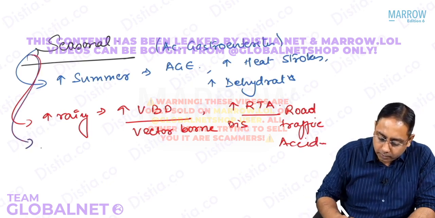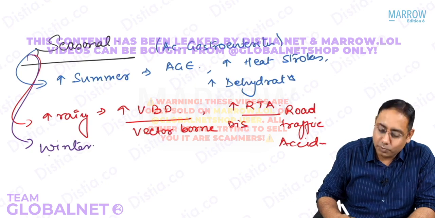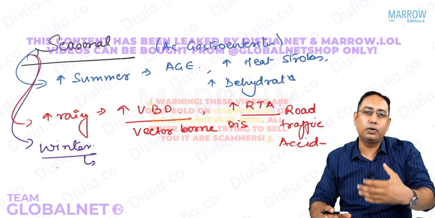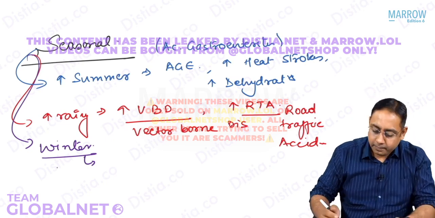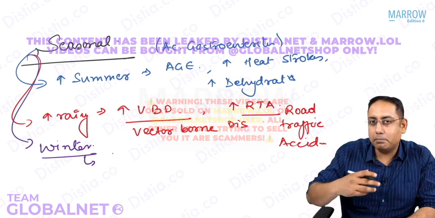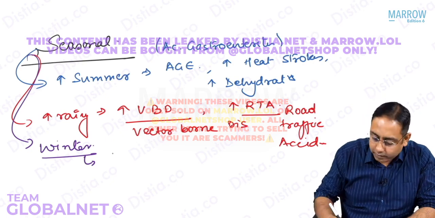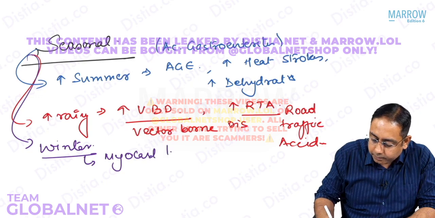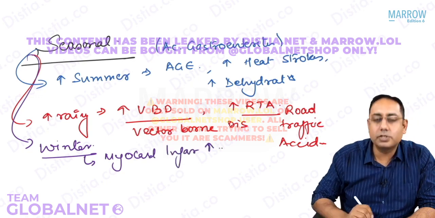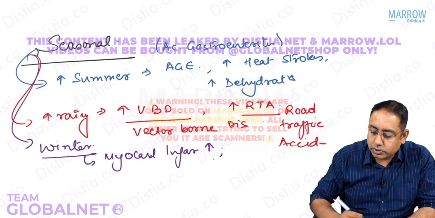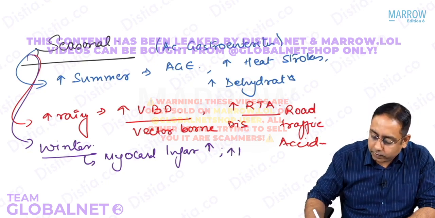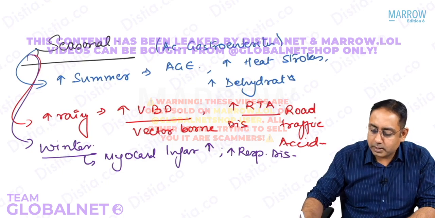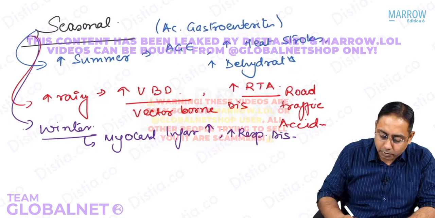Talking a little bit more about what is more in winter seasons, what do you think? It has been seen that due to more vasoconstriction, or maybe the lifestyle, the incidence of heart attacks or myocardial infarction is slightly on a higher side in winters. It is also seen that respiratory diseases like pneumonias are more in winters.